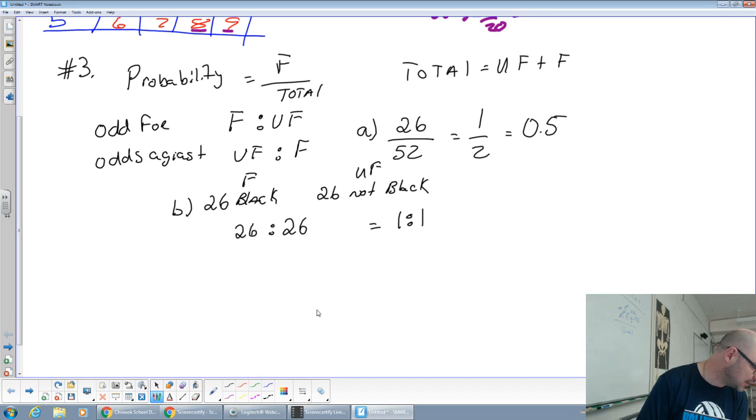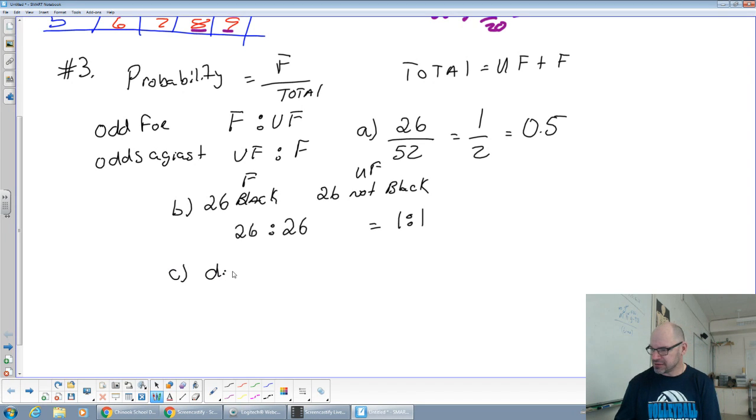Determine the odds against the card being a diamond. Okay, so odds against. There are 13 diamonds in a deck of cards. Not diamonds, there's 39.